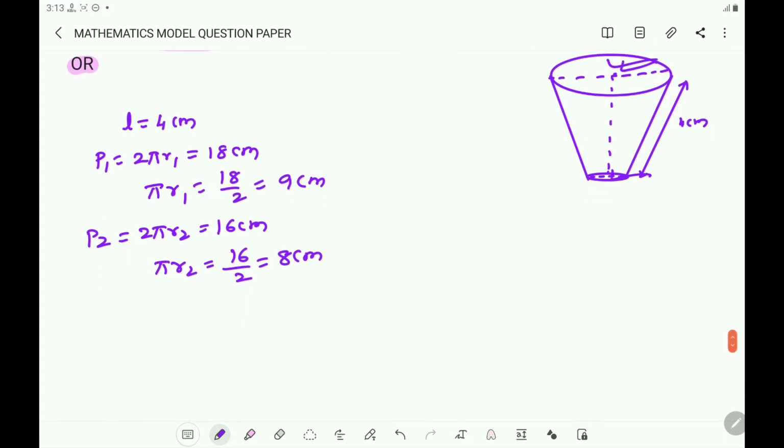So write the formula for the curved surface area of the frustum of cone. What is the formula here?